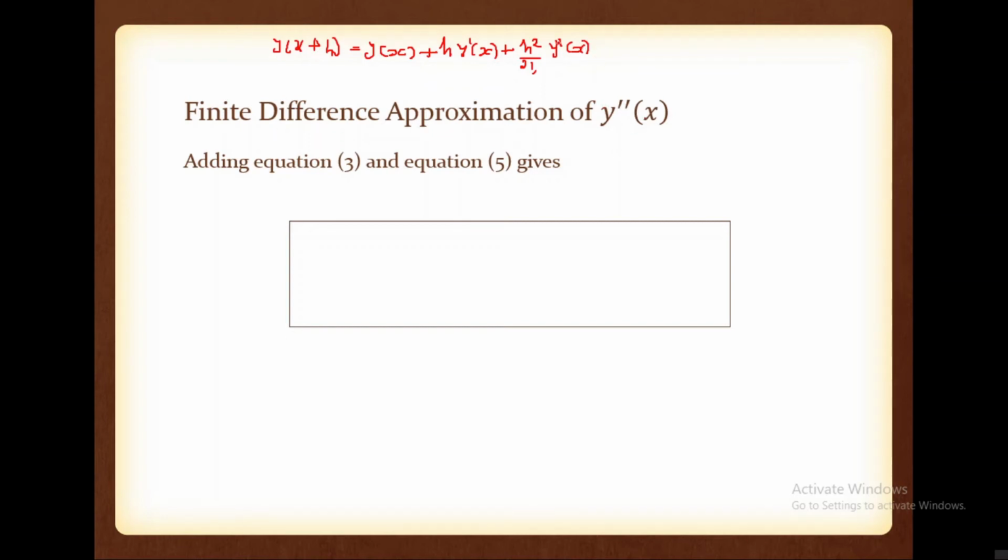So we are going to consider up to y double dash of x. We are not going to consider the higher order differential terms up to this point. So this is equation number 3. In equation number 3, plus etc. is also there, but here we are going to consider up to this point.